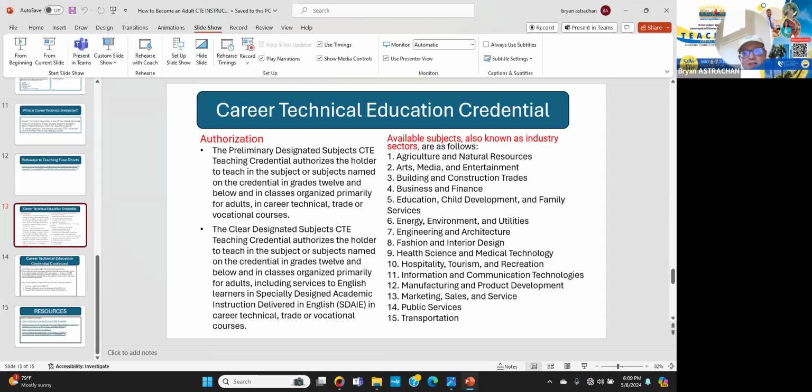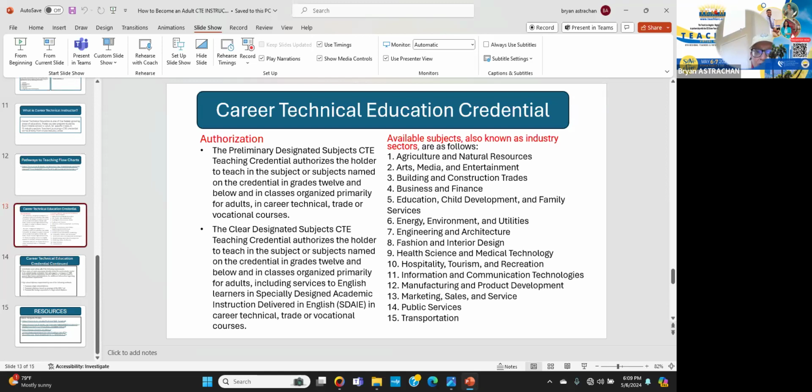And one of them is going to be that you have to teach. And so the law says that you have to actually teach the subject named on the credential in the appropriate grade level that's authorized by that credential. Then there's coursework that's going to be required for you to clear that credential.